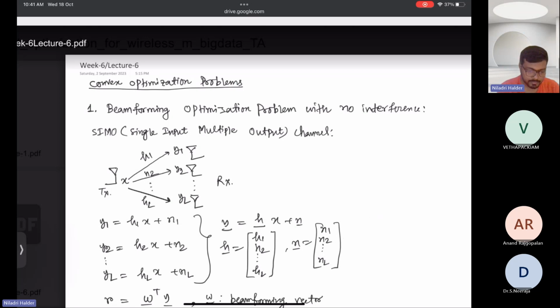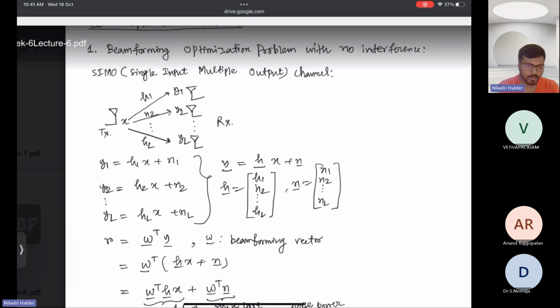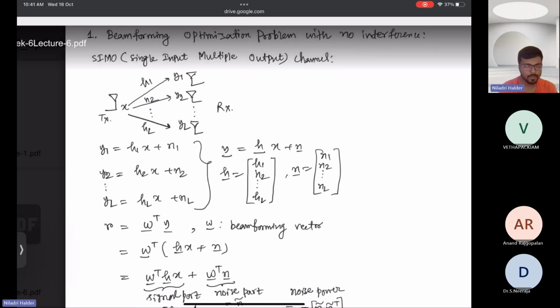The first problem is normal beamforming with no interference. This is a SIMO channel, single input, multiple output. There is only one transmit antenna, and there are L receive antennas.